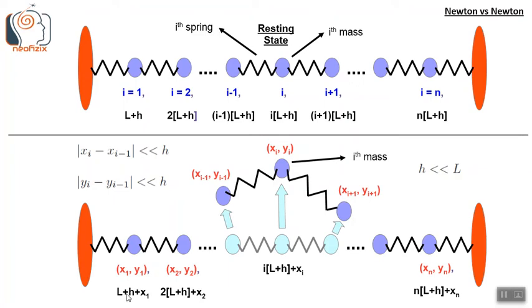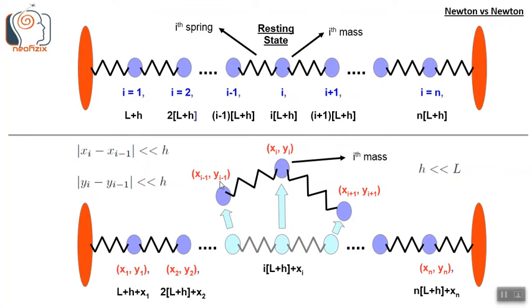Similarly, for the first mass, x-axis distance is L plus h plus x1, and 2 into L plus h plus x2 for the second mass, and so on. So this ordered pair in red, say xi comma yi, shows only the disturbance values xi, yi. They do not show the absolute xy coordinates.